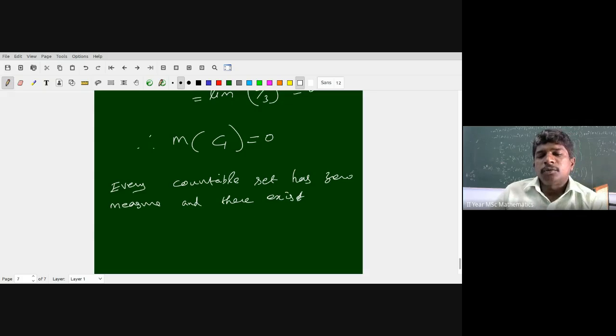Once the countable set has measure 0, we raise the question the other way: an uncountable set may or may not have non-zero measure. We don't know, but there exist uncountable sets of 0 measure.